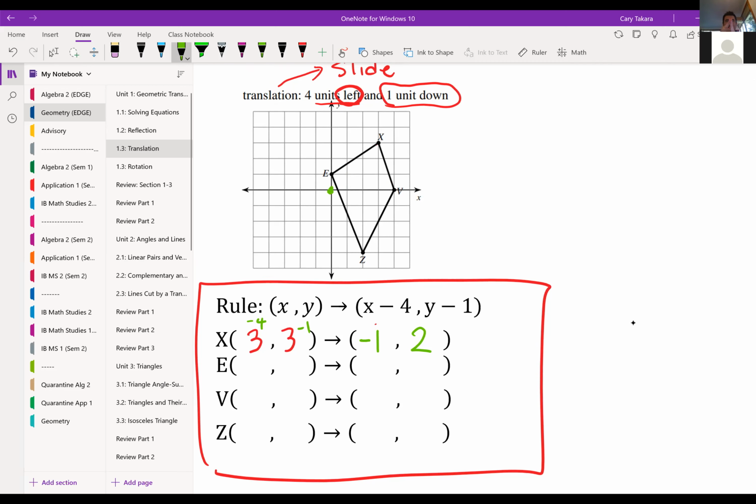Now, how many spaces do you go to the right or left? It's a 0. You don't need to go left or right, do you? So the coordinate is 0, 1, okay? It's very important that you name the coordinate correctly, okay?